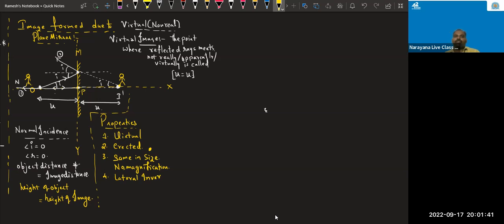Understood. So if you see this L letter in the mirror, how does it look? Lateral inversion. So these are the properties of the image formed due to plane mirror. Is my point clear? Let me introduce a few more things.